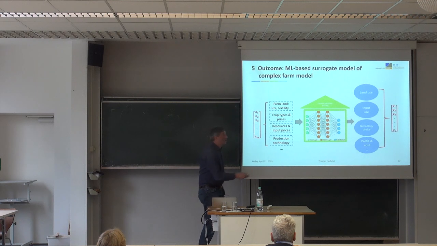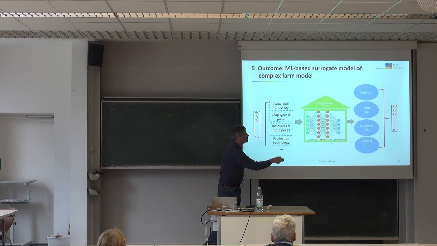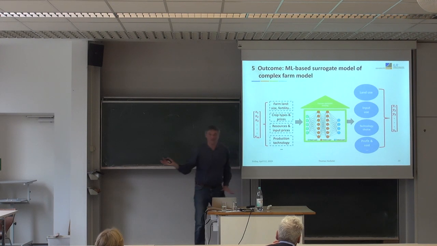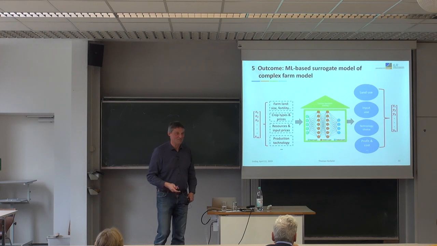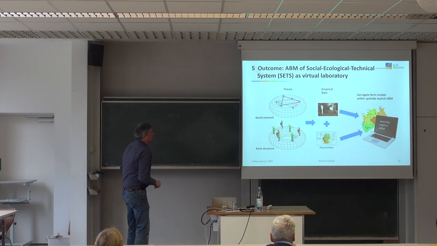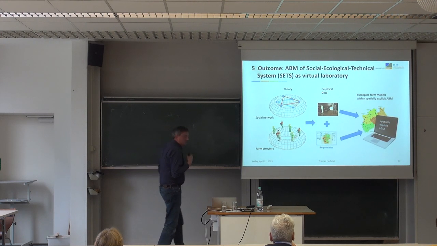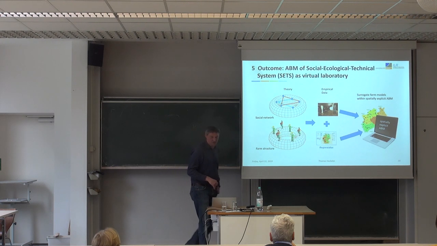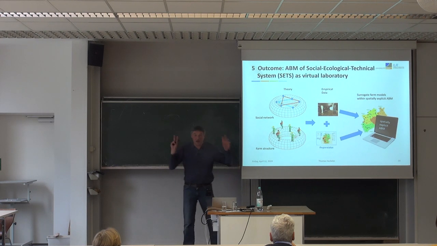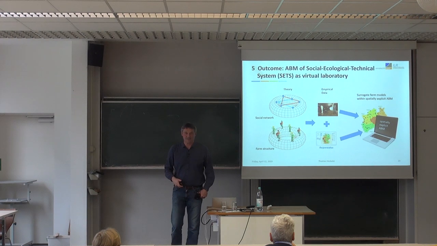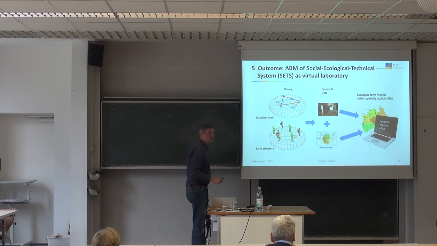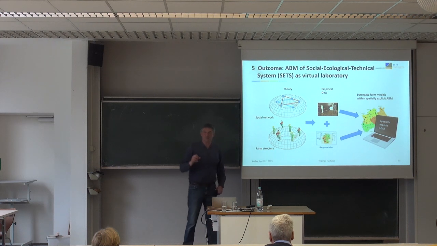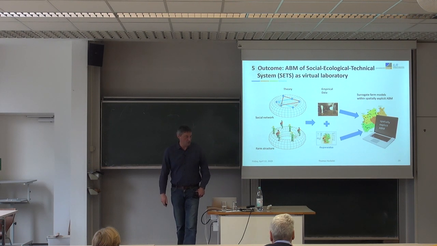And that will give us then ultimately what we need: technological choice, input use, land use, and with that, the environmental consequences when we have understood how it's connected. Another outcome is this agent-based model of the now social, ecological, technical system, or SETS. So there's another dimension coming in, the technical system that's more explicitly looked at.